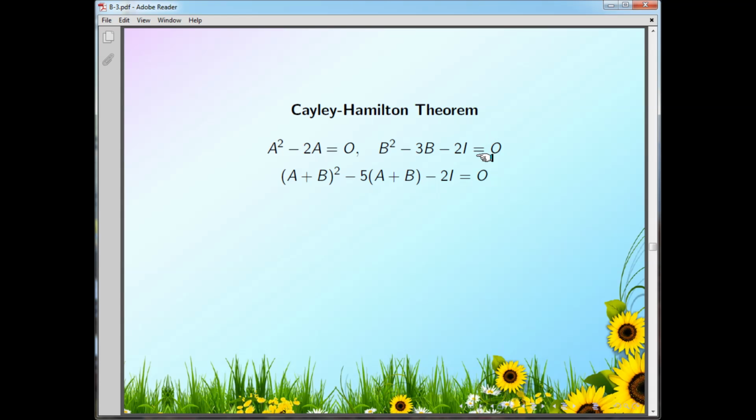And we have to handle A times B versus B times A. So I consider this nice one, A plus B, which will be the matrix with first term A and common difference 1. So it's 1, 2, 3, 4. I think that's what that is. Then that one has a characteristic polynomial like this. So let's see what we can do about this.